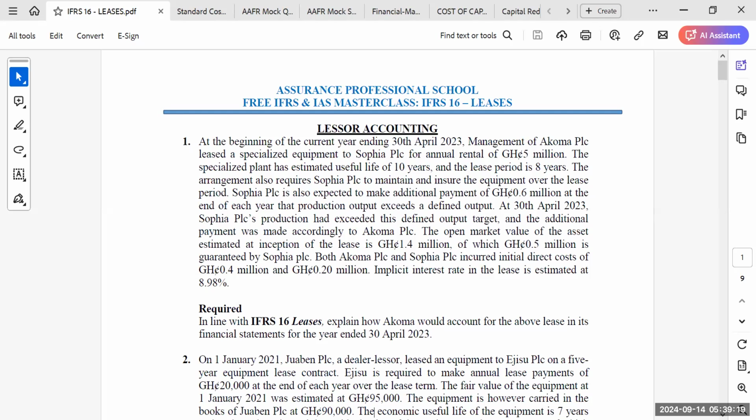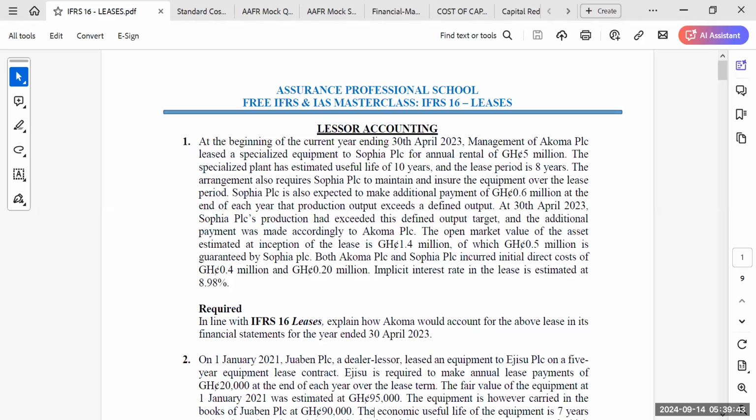At 30th April 2023, Sophia PLC's production had exceeded this defined output target, and the additional payment was made to Akuma PLC. The open market value of the asset estimated at inception of the lease is 1.4 million Ghana cedis, of which 0.5 million is guaranteed by Sophia PLC.